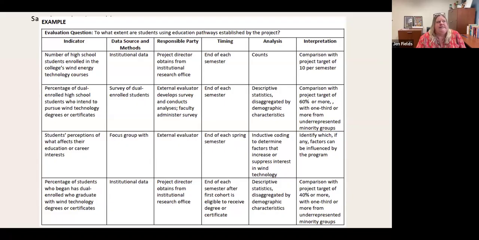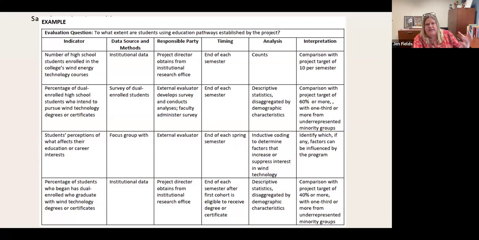And so, to what extent are students using the pathways established in the project? I'm assuming there were multiple, like they could come to a lab and do XYZ, or they could, whatever, there were a few different pathways. So this table, I think, is really useful.